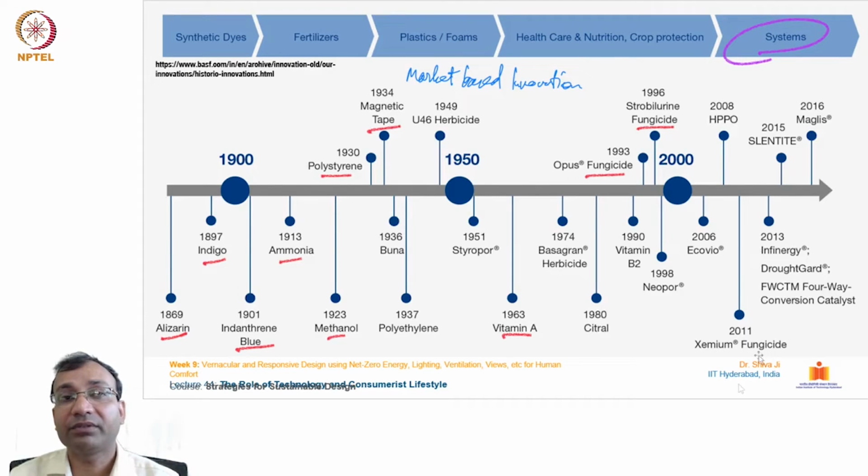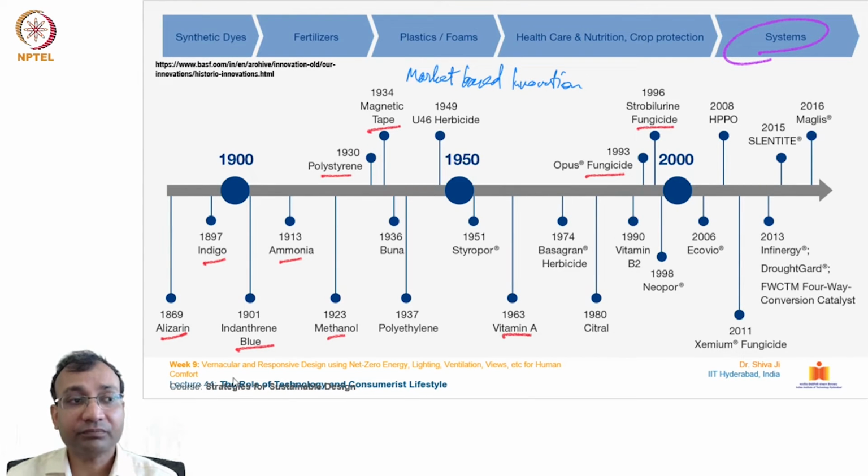For example, the vitamins, the fungicides, herbicides, and other chemical compounds for polymers, etc. They have given ammonia, and even the dyes and pigments, which they created over time, have facilitated several types of adoption of these products in the market.